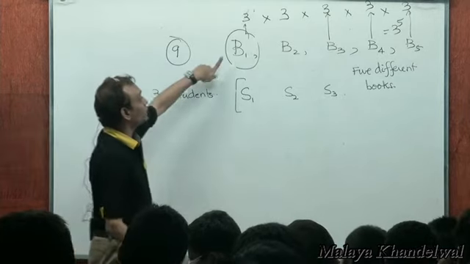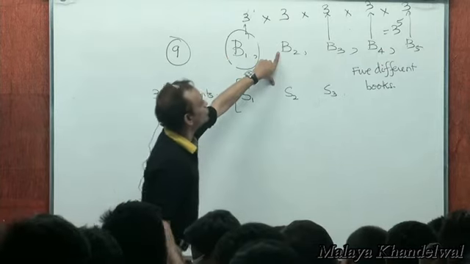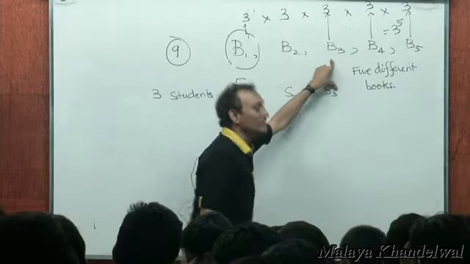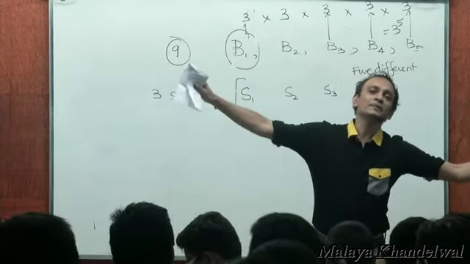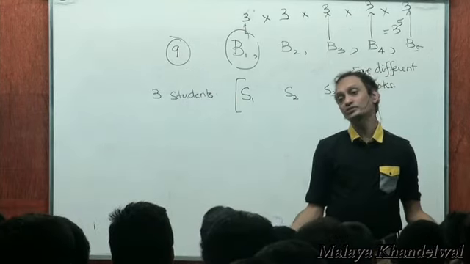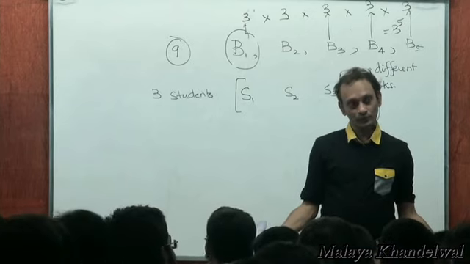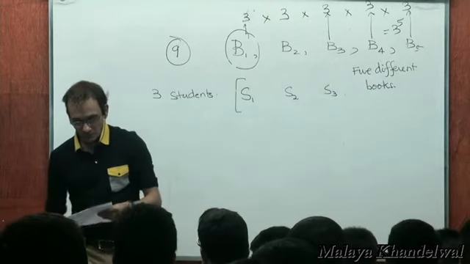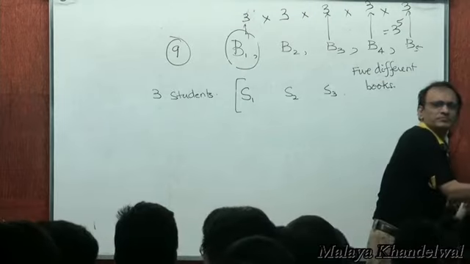Event 1 allocating B1 could take place in 3 ways, and event 2 which is allocating B2 3 ways, and event 3 3 ways, 3 ways, 3 ways. Multiply all the events, that makes it 3 to the power 5, 243 ways in which the books could be allocated to students. Yes or no? Clear? Let's look at the next one. So far so good, right?